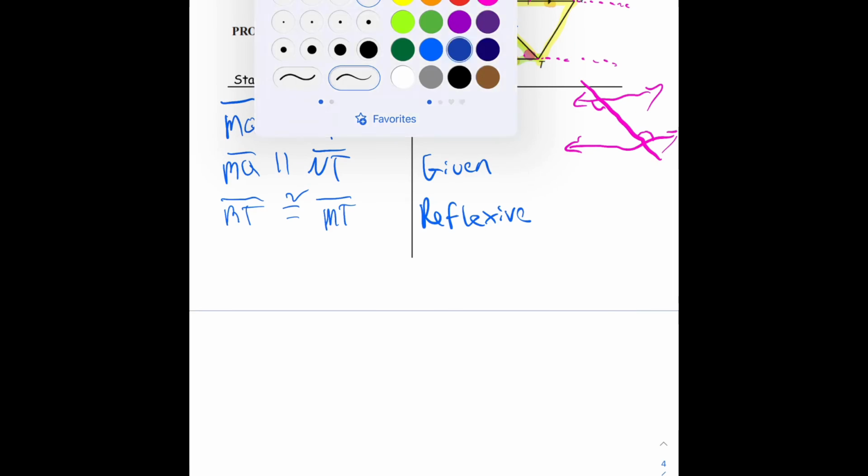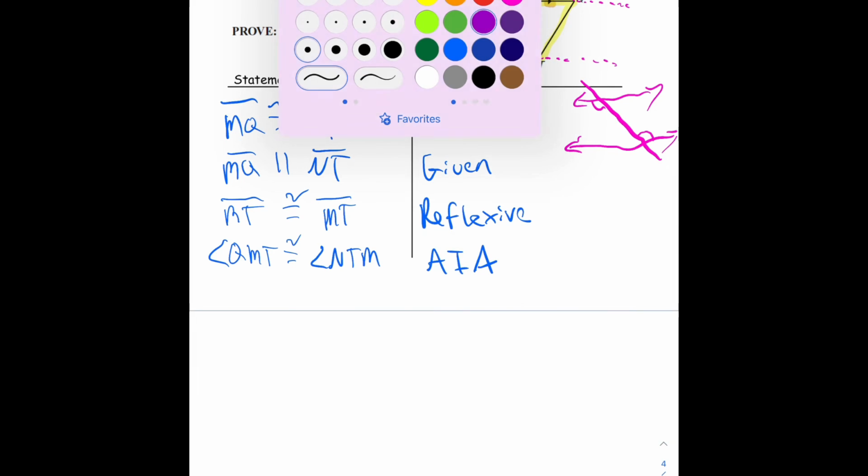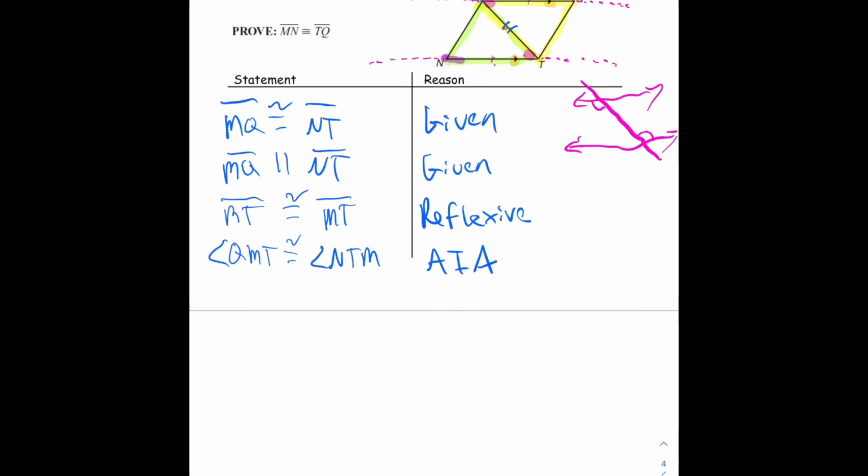So I can say that angle QMT is congruent to angle NTM by alternate interior angles.